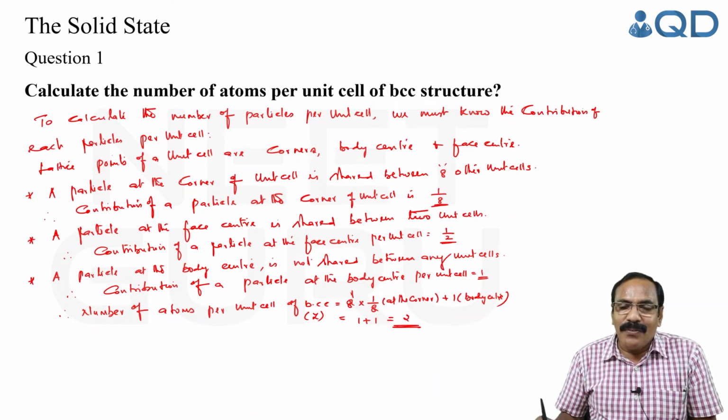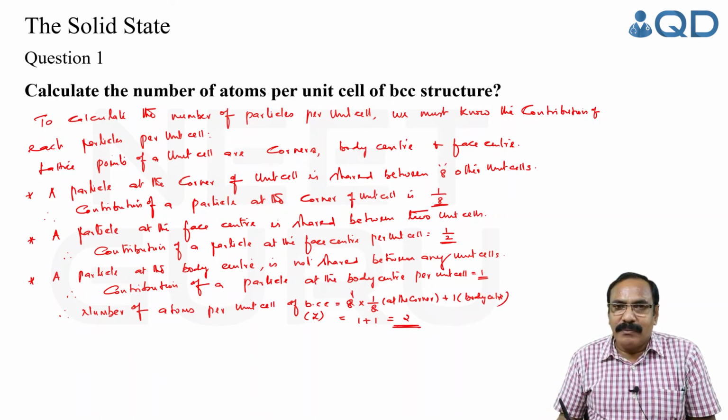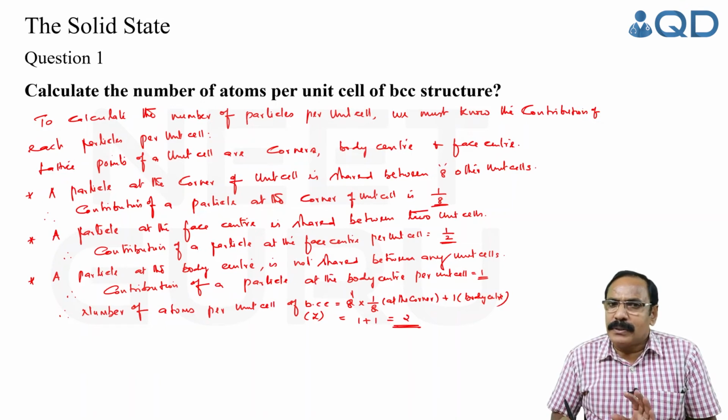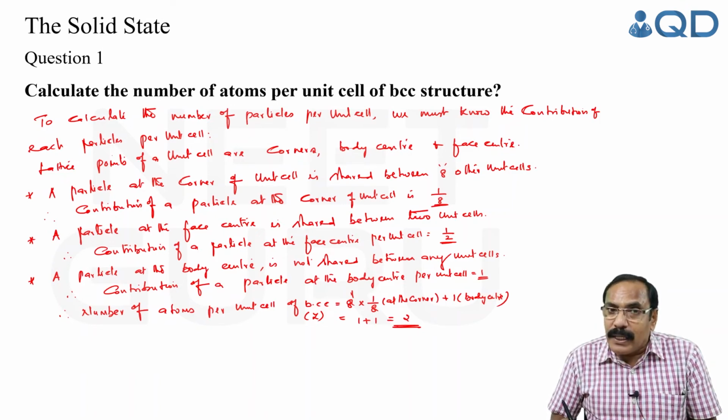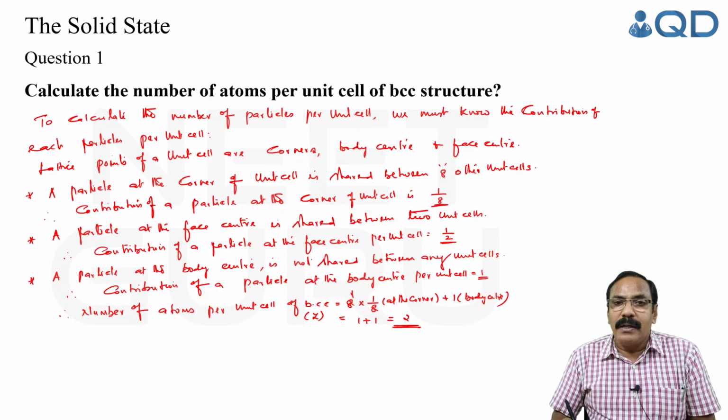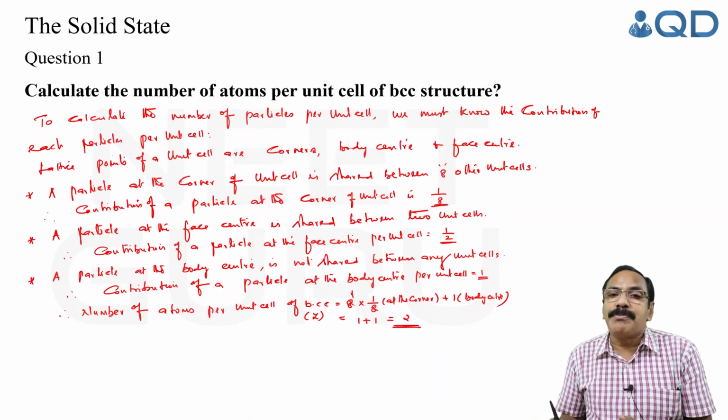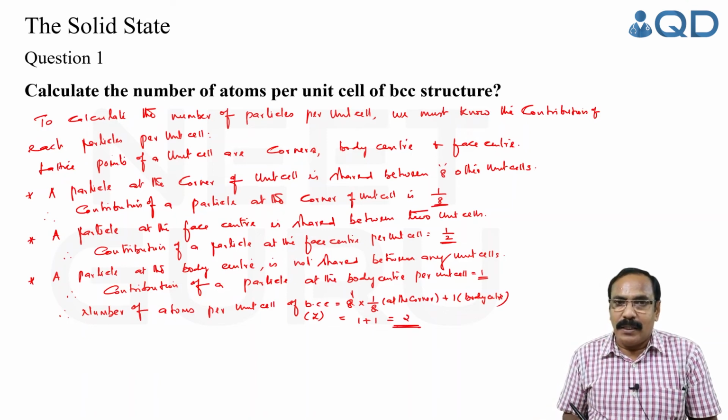Okay. So, we have discussed very important points of solid state. The 7 crystal systems, the 14 space lattices, the types of axial distances and axial angles, and the contribution of each particle per unit cell.